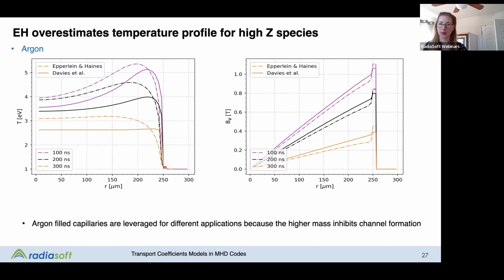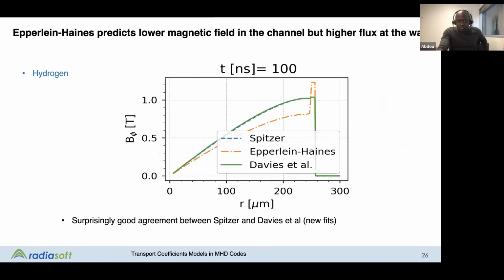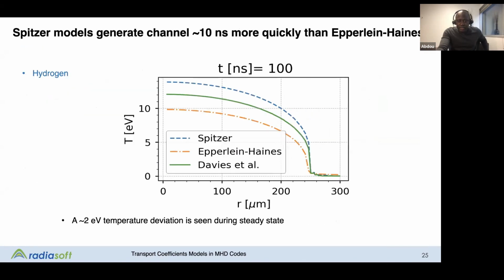Thank you. And then there's a follow-up question to that. Will these effects wash out at later times or be sustained? Well, that's a good point. For the hydrogen case, we ran it up to a very long time and did not see big changes. I don't know what would happen for the argon case.